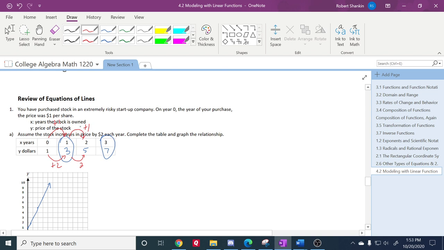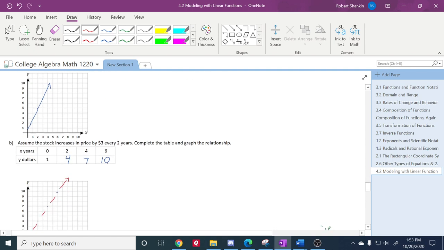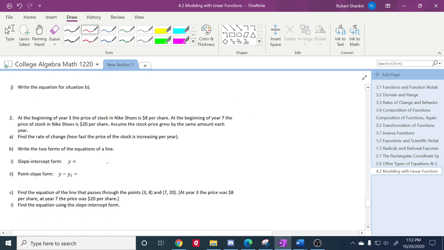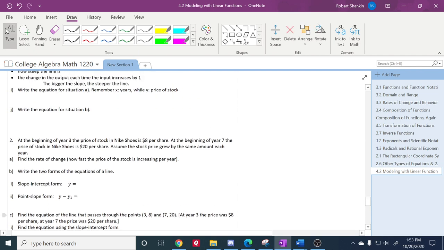And the rise over the 1 is the slope. If you make the run equal to 1, then the rise will be the slope itself. And the slope will show up right there.